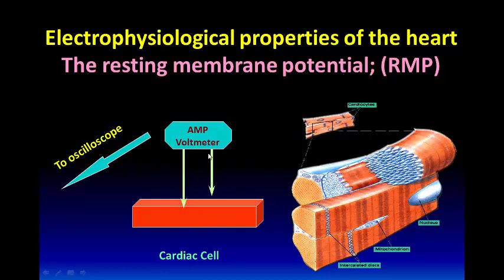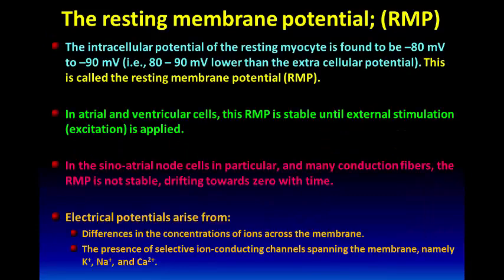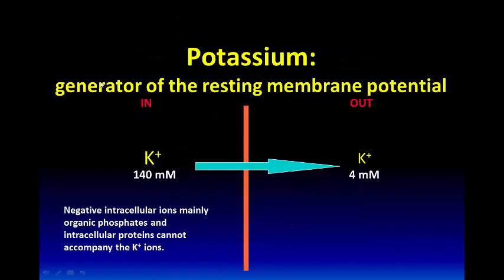So this clearly shows that the resting membrane potential is due to the efflux of potassium, and potassium is the generator of the resting membrane potential.